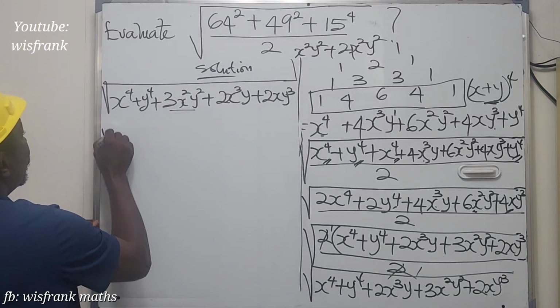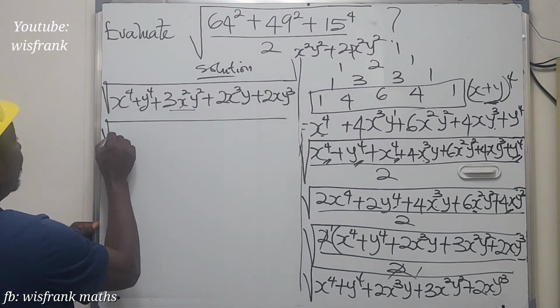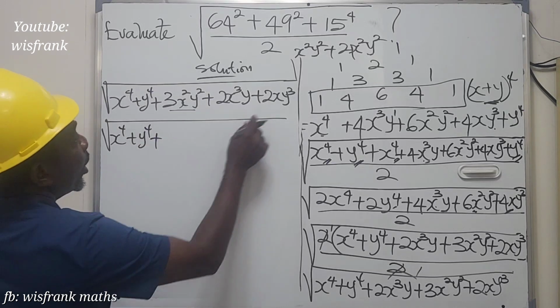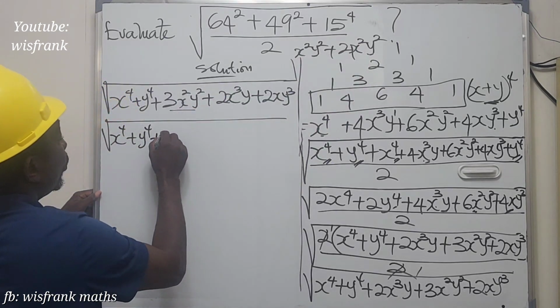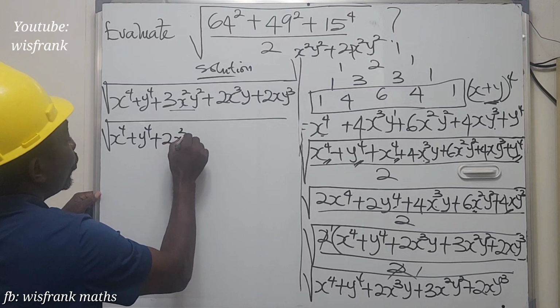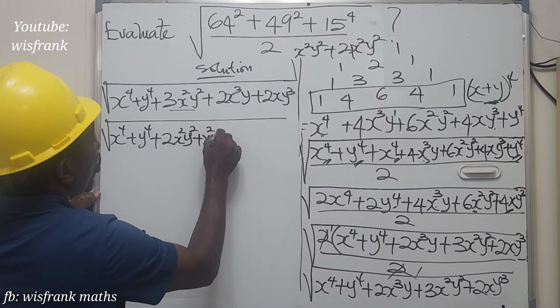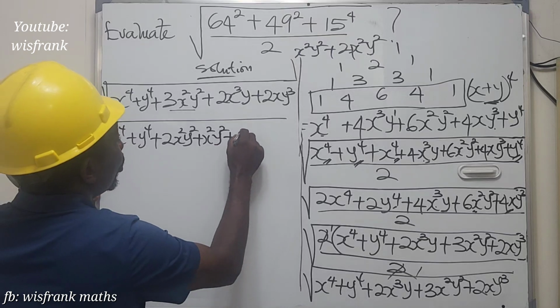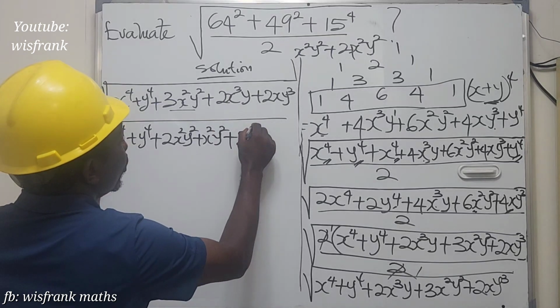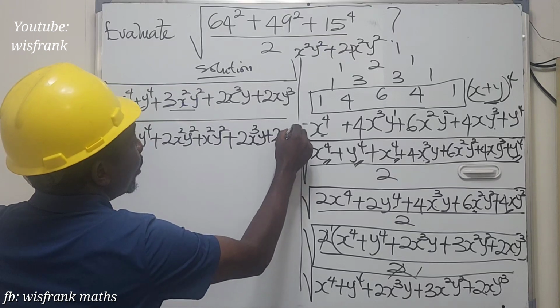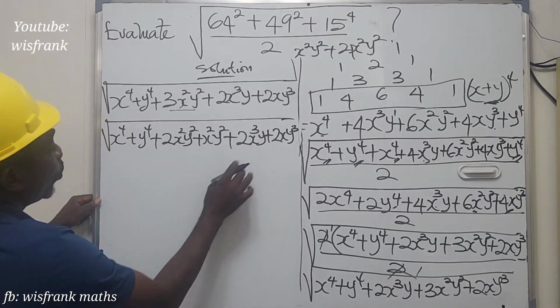So this will become square root of, we have x to the power of 4 plus y to the power of 4, then plus, replacing this with this, we have 2x to the power of 2 y to the power of 2 plus x to the power of 2 y to the power of 2 plus, we bring down this 2x to the power of 3 y plus 2x y to the power of 3. So this is what we have.